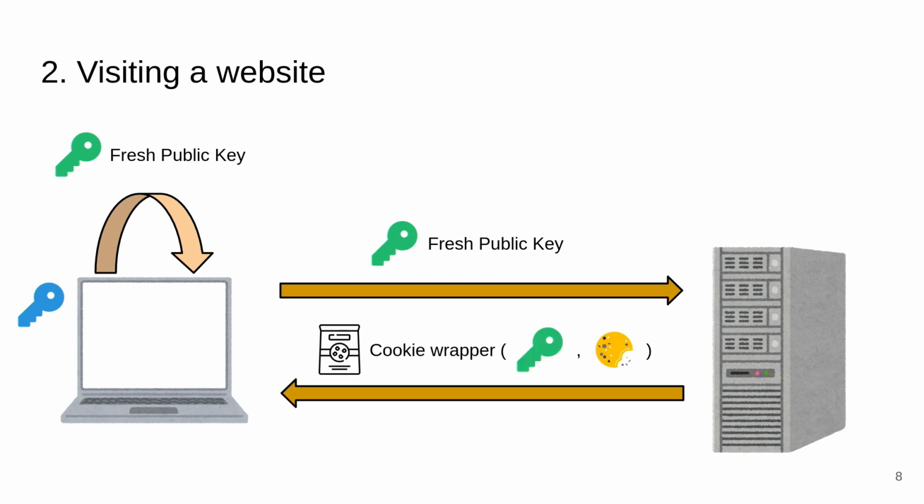The server would then generate something called a cookie wrapper and send it back to the consumer. A cookie wrapper is essentially a digital signature over a fresh public key and the cookie for this particular session. Note that this is done over TLS. We do have a version of things that do not happen on TLS in our paper, but let's assume that everything happens on TLS for this particular case.